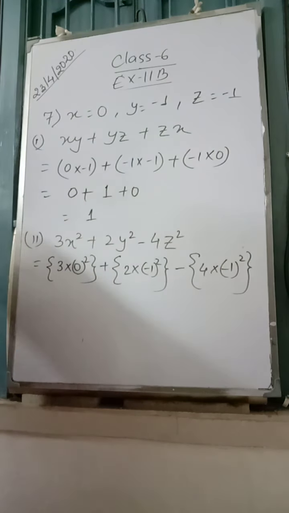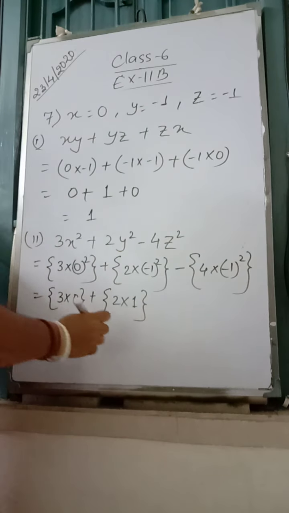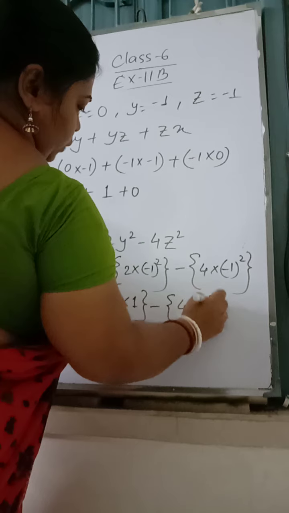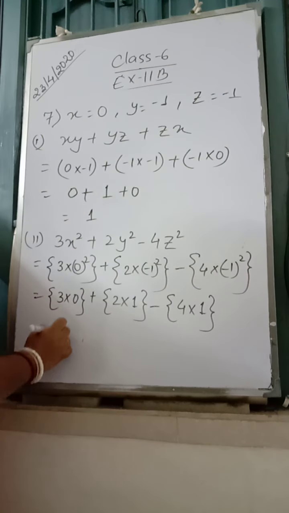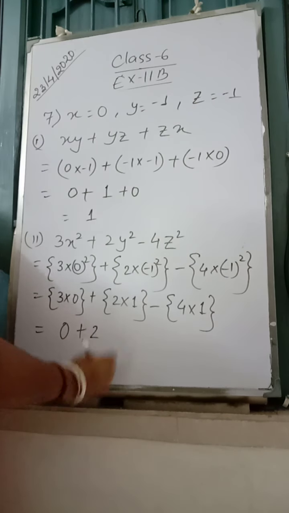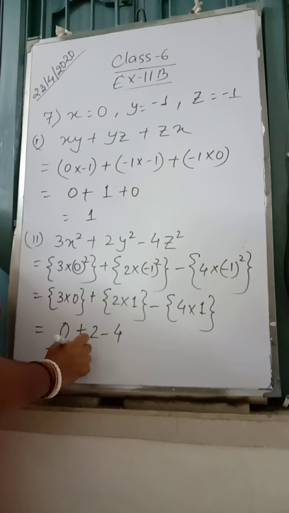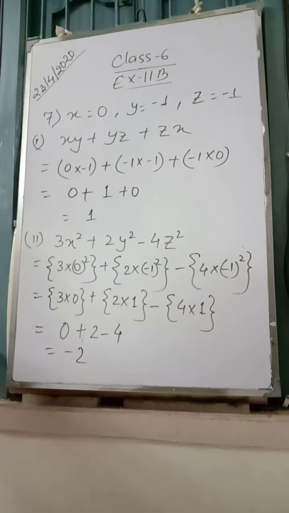Done. Clear? So the first thing, I'll be solving the small bracket. Middle bracket remains as it is. 0 square is 0, plus 2 into -1's square is 1, minus 4 into -1's square is 1, or 3 into 0 gives you 0, plus 2 into 1 gives you 2, minus 4 into 1 gives you -4. So the answer is -2. This is for number 2.